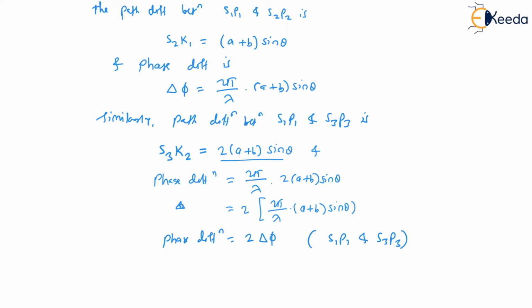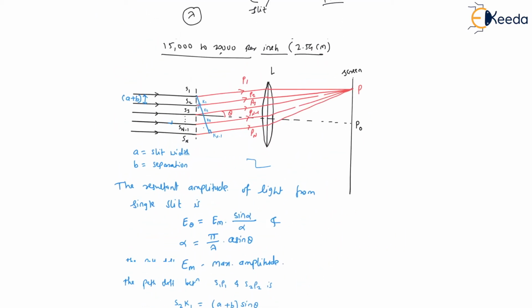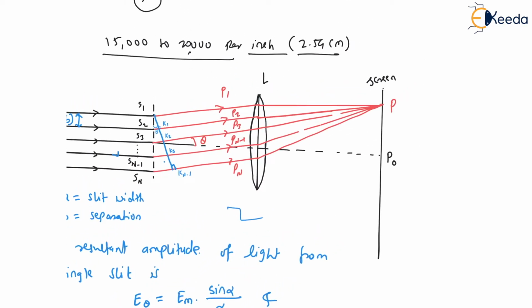So now we can easily say that if the phase difference for S1 P1 and S2 P2 is delta phi, and the phase difference for S1 P1 and S3 P3 is 2 into delta phi, then ultimately the phase difference for S2 P2 and S3 P3 will be delta phi.